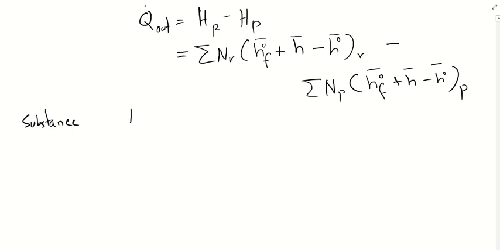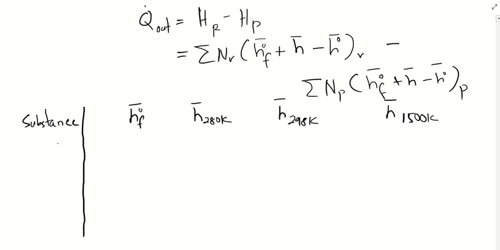Next is the enthalpy of formation, and then we have enthalpy at 280 Kelvin, and then enthalpy at 298 Kelvin, and then enthalpy at 1500 Kelvin, right? Okay, so let's make it a table.